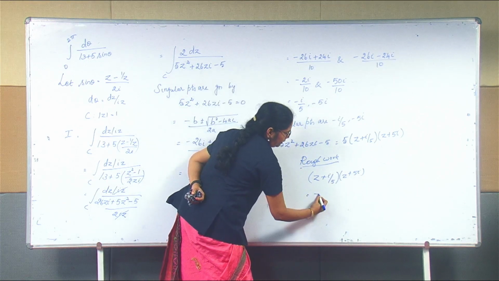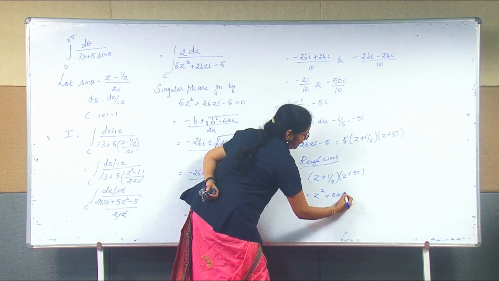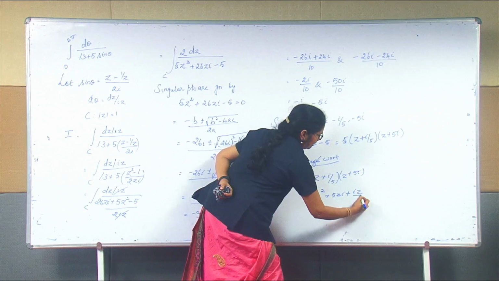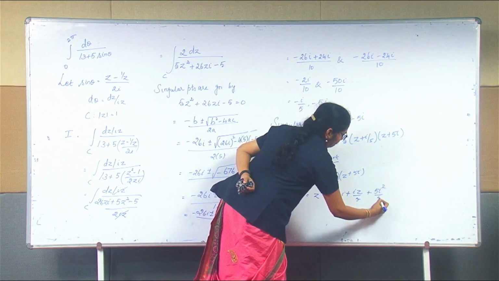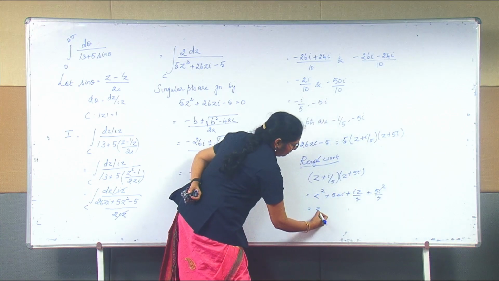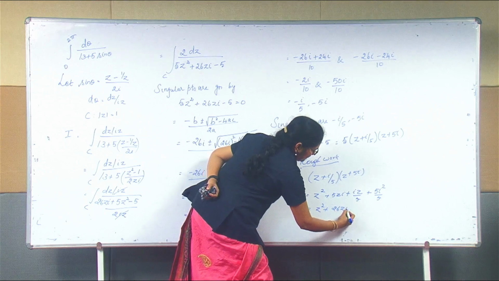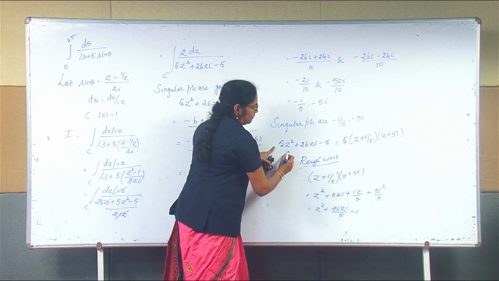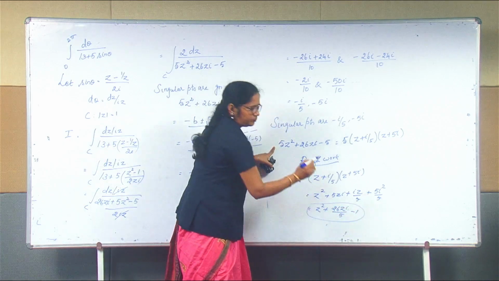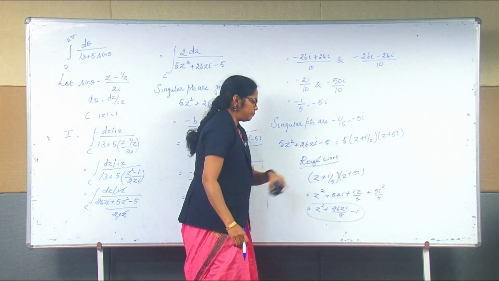Doing the multiplication: z square plus 5zi plus iz by 5 plus 5i square by 5. Simplifying, this is 26zi by 5, this is minus 1. Do you think these and these are the same? No, right. So how do these two become the same?